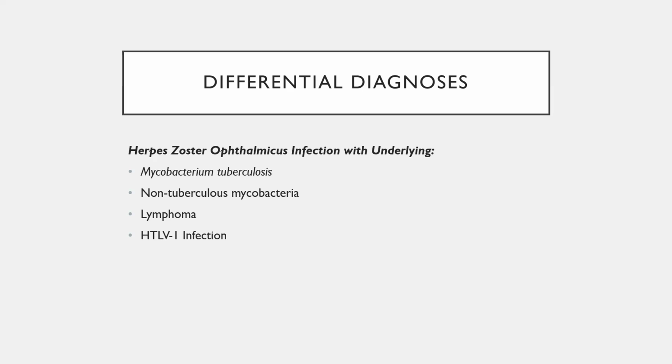We were trying to explain this mediastinal widening, this lymphadenopathy that she had, and the respiratory symptoms as well. And the other thing we were thinking about was, could this be a lymphoma, an HIV-associated DLBCL for some reason, or could it be an HTLV1 infection, which would explain that T-cell clonality.